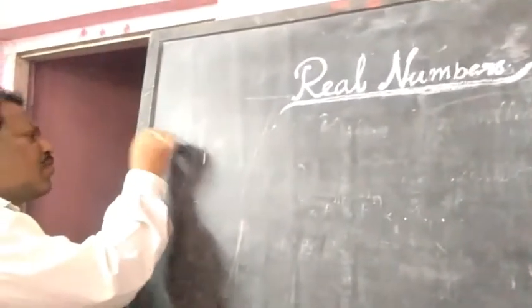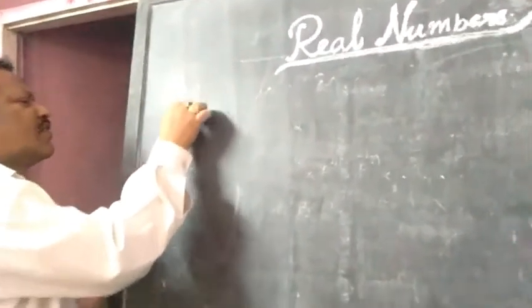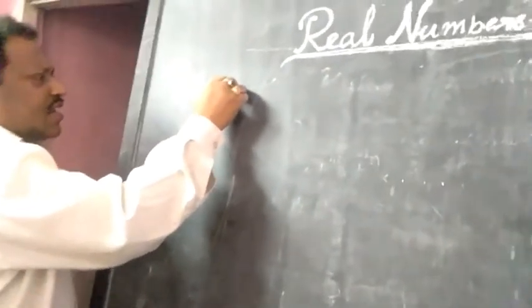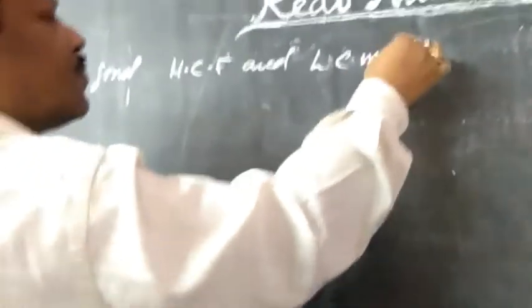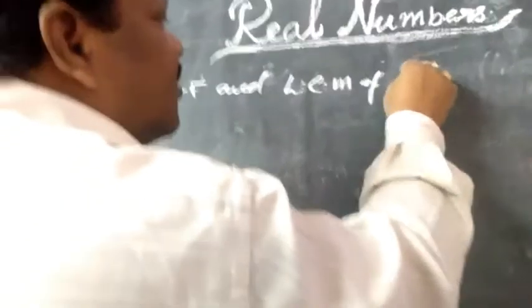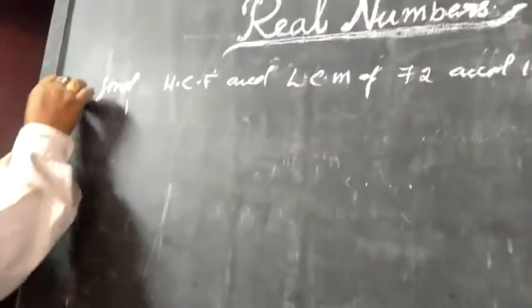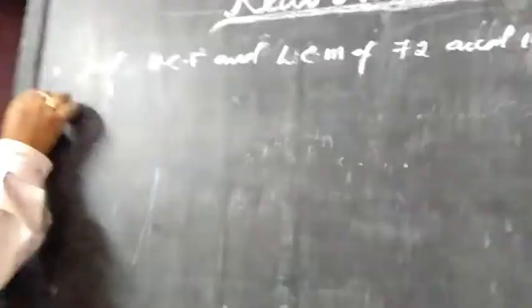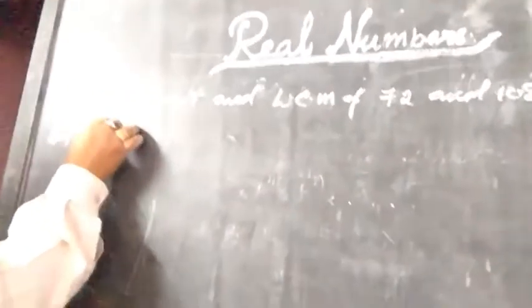First, the problem: find the HCF and LCM of 72 and 108. Listen, first write the problem. The solution is very simple. First write the prime factors.